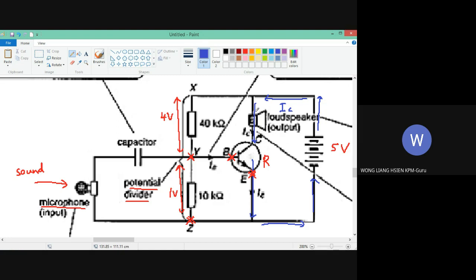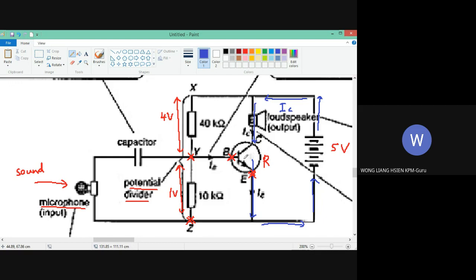This output doesn't connect to a loudspeaker, but to another input. That means another similar circuit connects to this output. This output goes inside here, like the microphone did, goes through the transistor and becomes stronger again. Then the output goes through another circuit and becomes stronger. So it can amplify the sound many times.